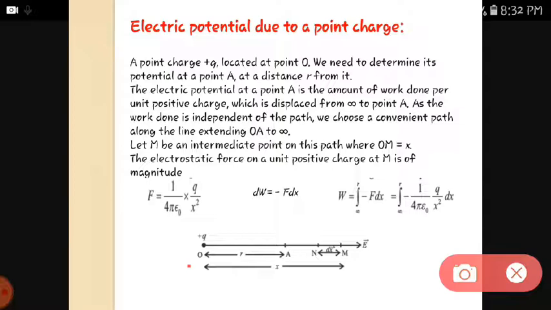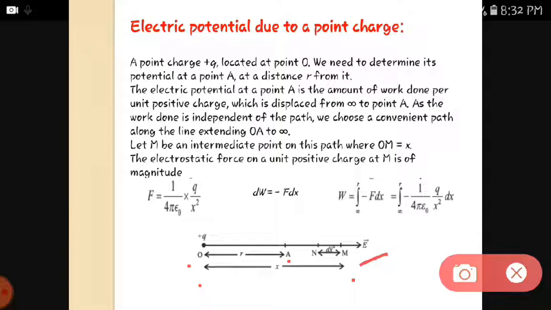A is a midway point at a distance R. M and N are 2 points, which I am going to explain. E bar is the electric field intensity going along the line, and X is the distance between O and M.